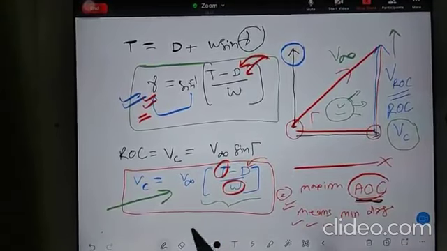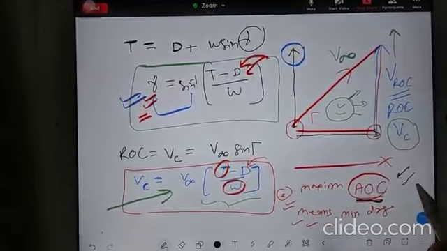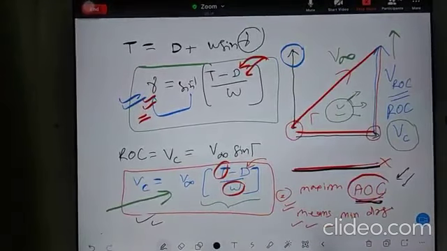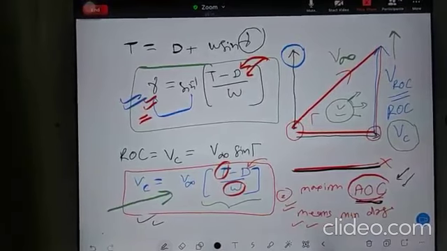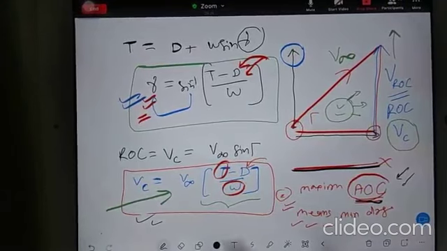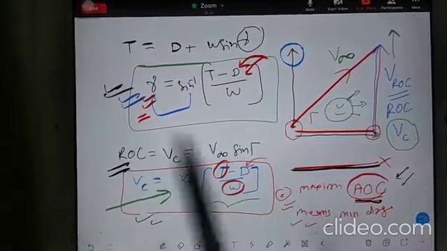Okay. I have one proof here. So that proof says, just a minute, just copy this. First you erase this. I will change the page. I will explain properly. When we talk about climbing, I will explain why it is not valid for ROC, but it is valid for angle.